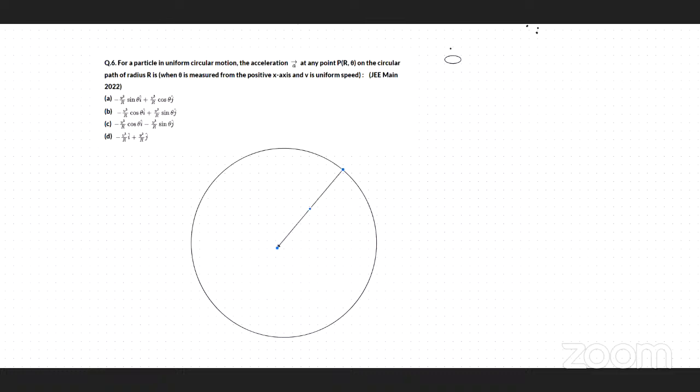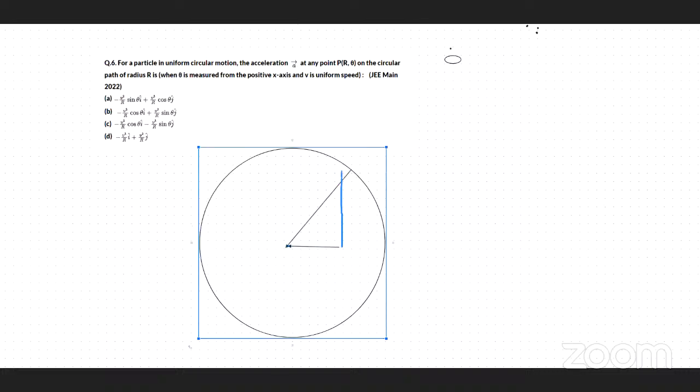So how do you? So he's saying break it down into two parts, y and the other is x vector. So if this your acceleration is v square by r towards the center, split it into two parts, x and y, if the angle is known to you. किसी जगह पे इसका angle मालूम था, theta, right?